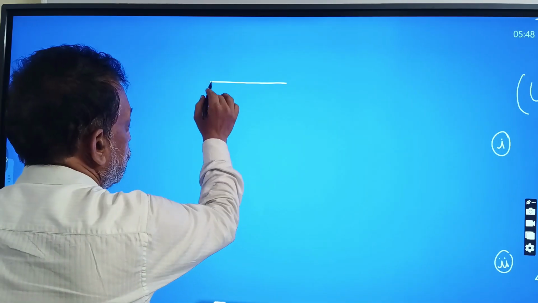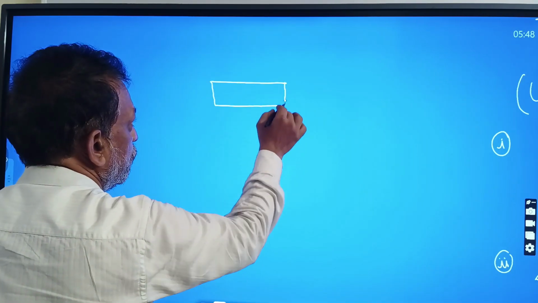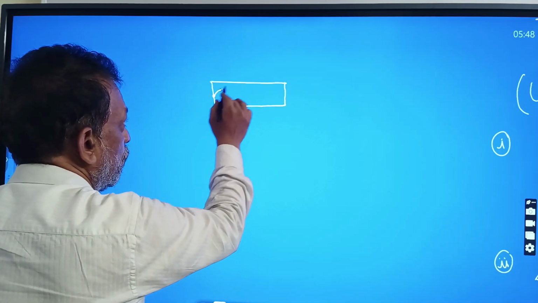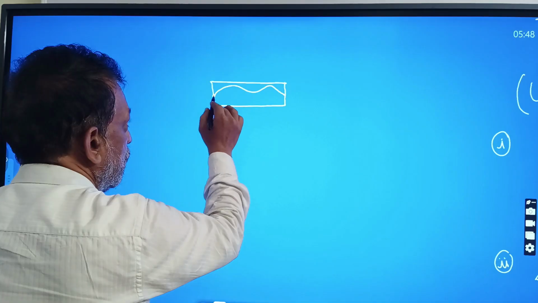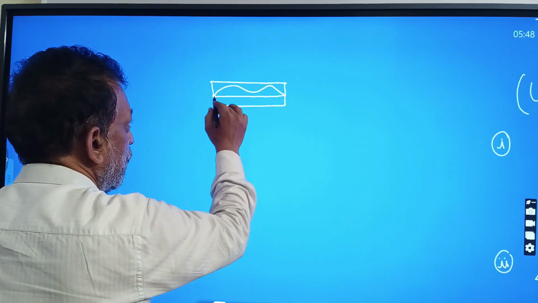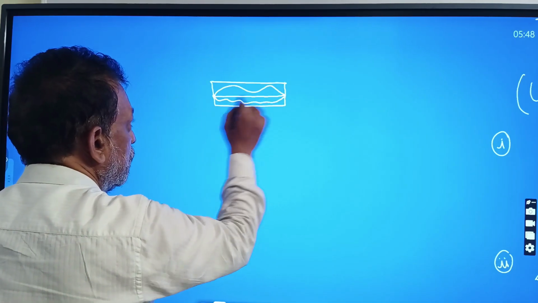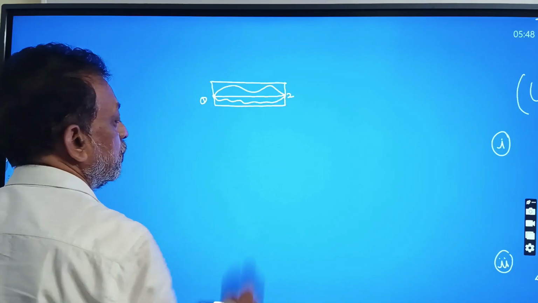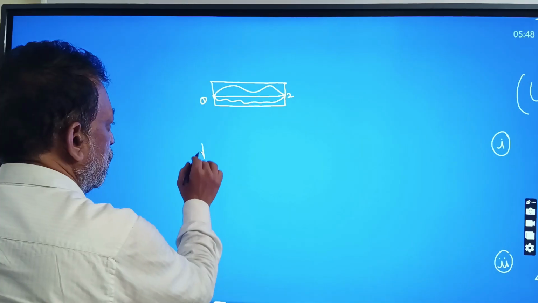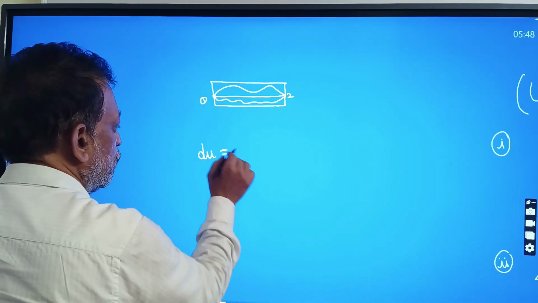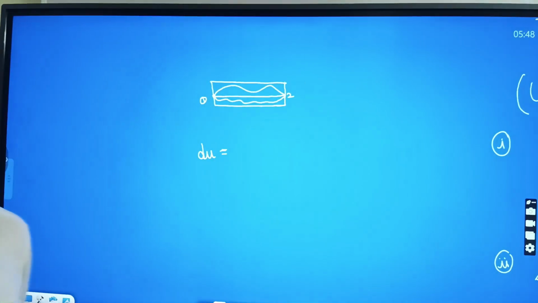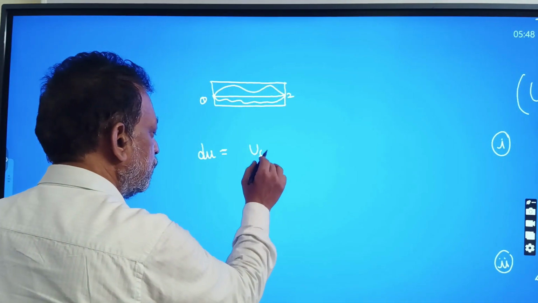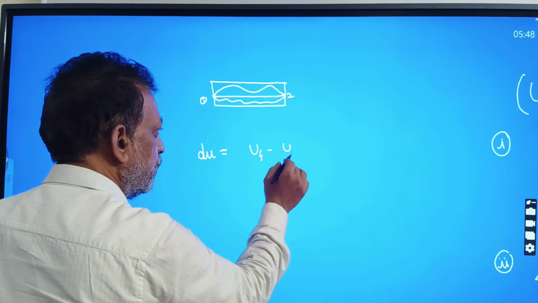Any system may go like this, and like this, and the initial position is the final position. So therefore, dU, the change in energy, is equal to the final energy minus the initial energy.